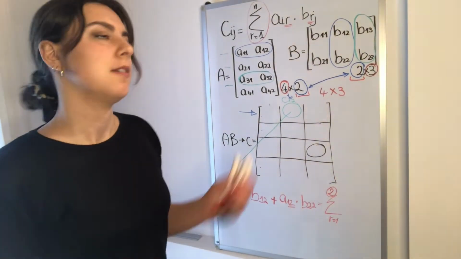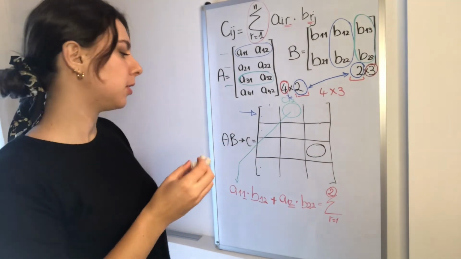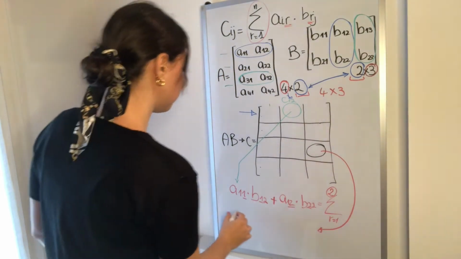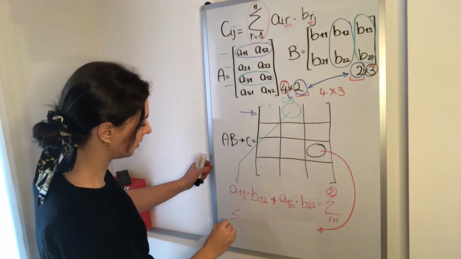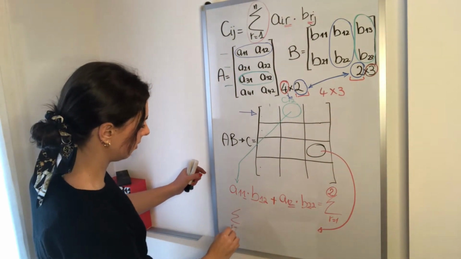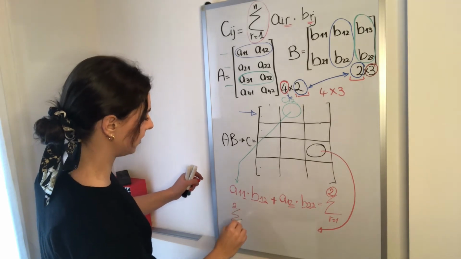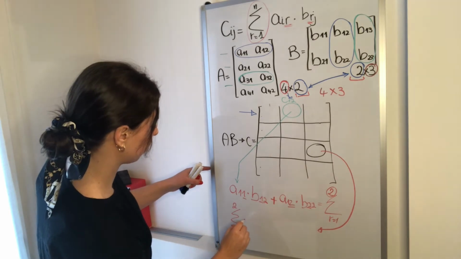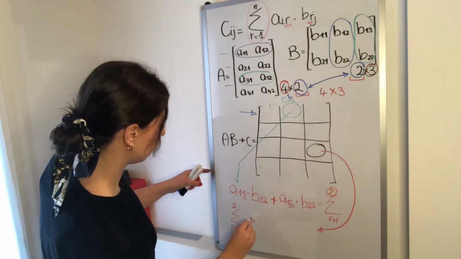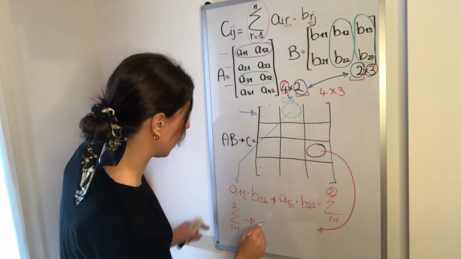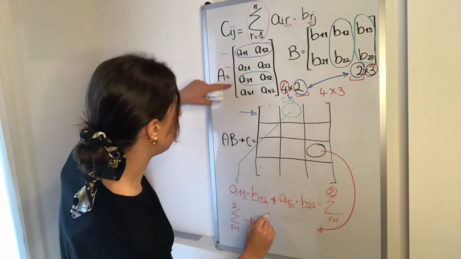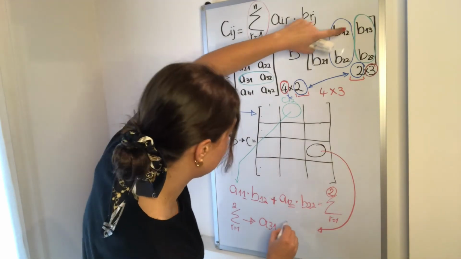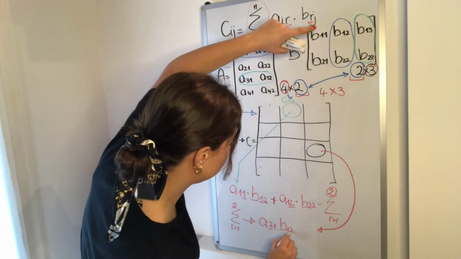Just to finish this example, let's also do this and write it down. So we will have that R is always 2, and the formula can be written as A31 by B13.